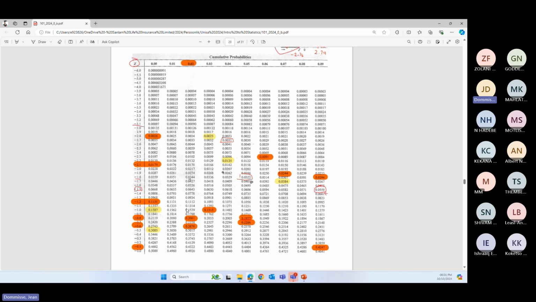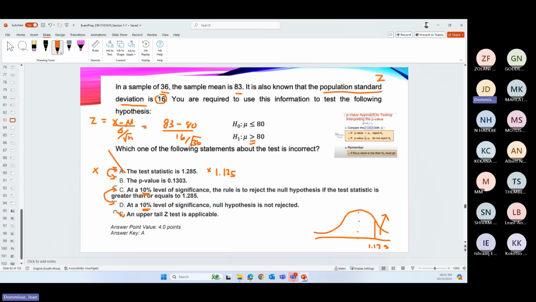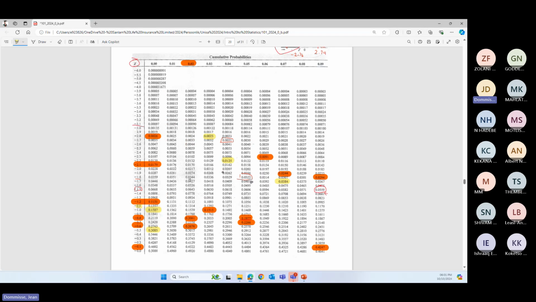So let's see. We're looking at 1.125, so 25 is in between those two.